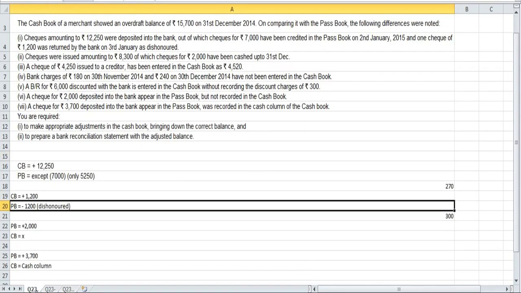Why will we not write dishonored here? If this check is dishonored in the month of January, that means in the month of December also they have not deposited it. So why would they deposit and then dishonor? It was right, in the month of December itself they have not deposited.